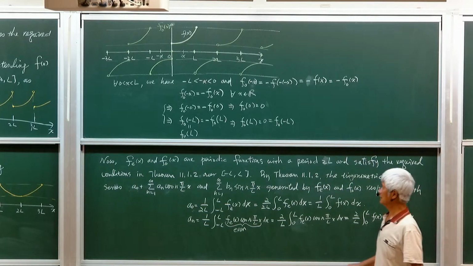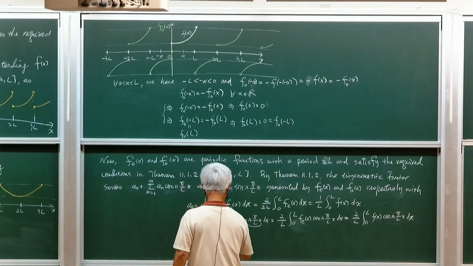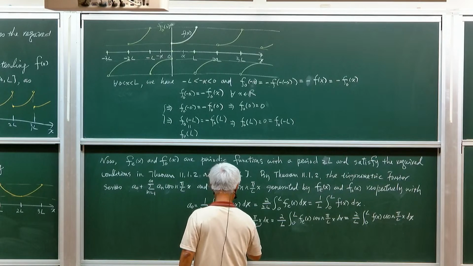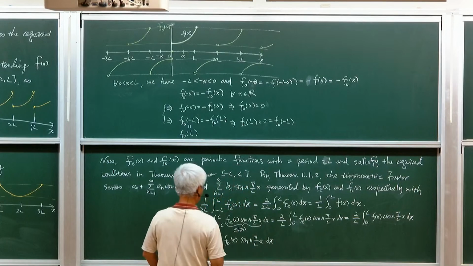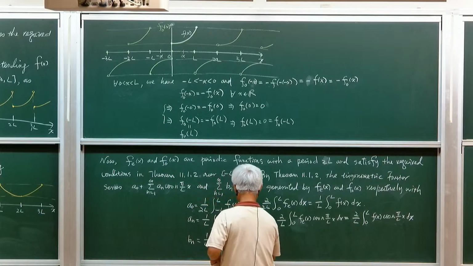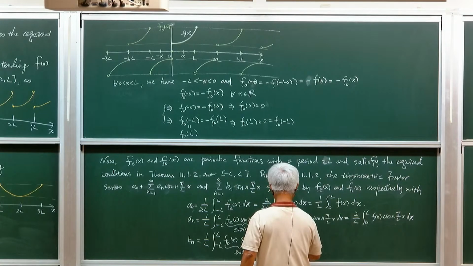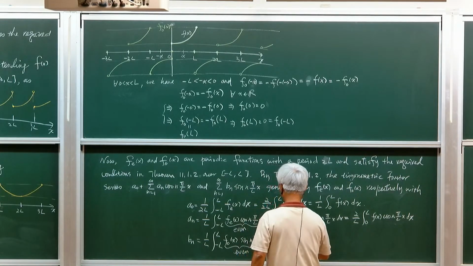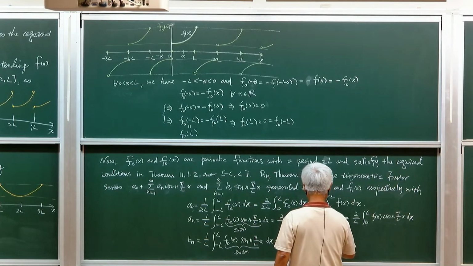So now an can be computed by the integral from 0 to L of this integrand. And bn is (1/L) ∫ from −L to L of f_o(x) sin(nπx/L) dx. Now, because f_o is an odd function and sine is also odd, the product is an even function. So this is (2/L) ∫ from 0 to L of f_o(x) sin(nπx/L) dx.